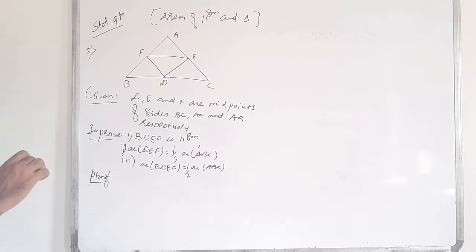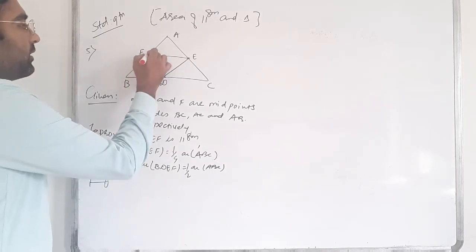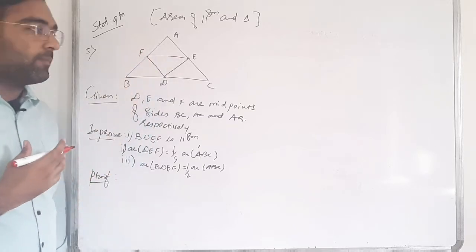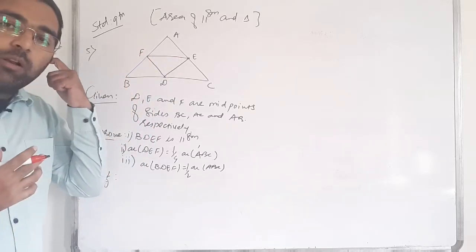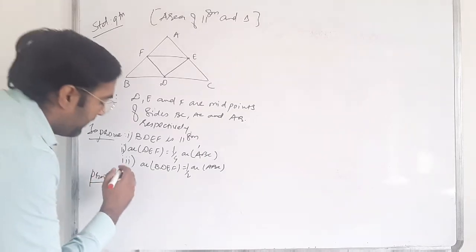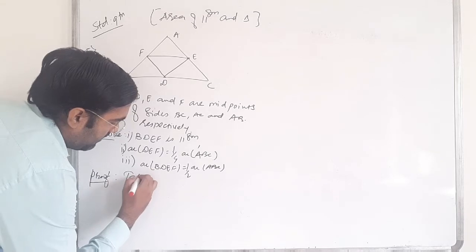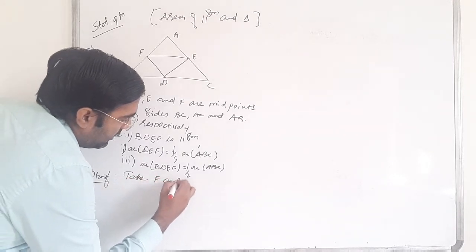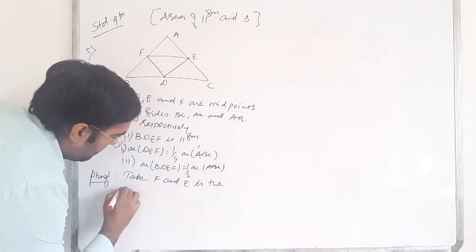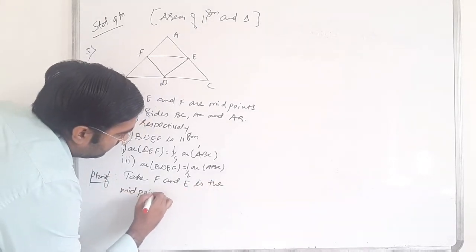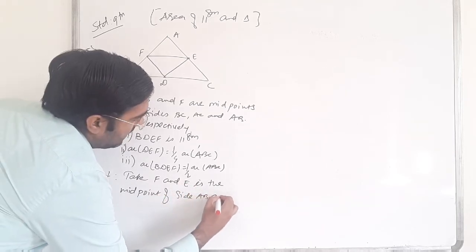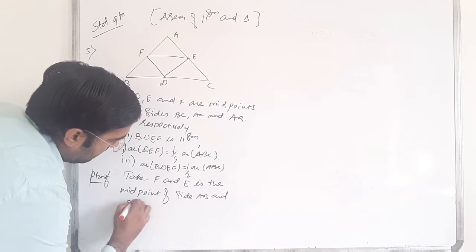In the proof, first of all, I have to prove that BDEF is a parallelogram. For that, opposite sides of a parallelogram are equal and parallel. Now take F and E, the midpoints of sides AB and AC.